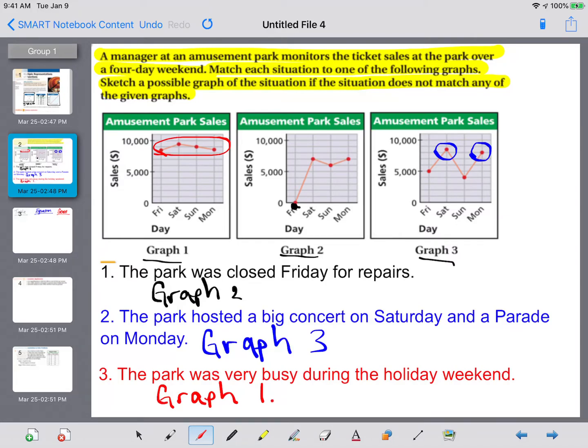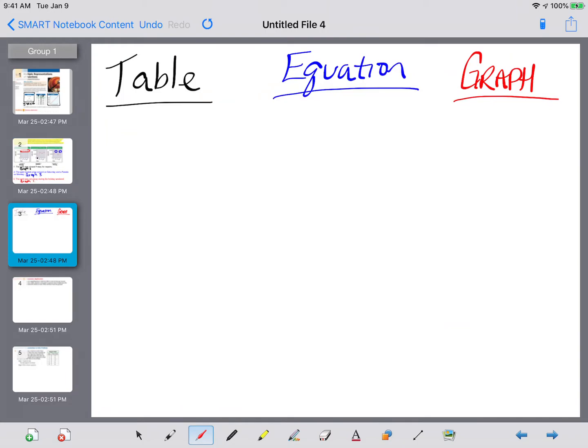Now we're going to dive back more into a table, equation, and graph. A table, we talked about, are x, y values that we get to create.